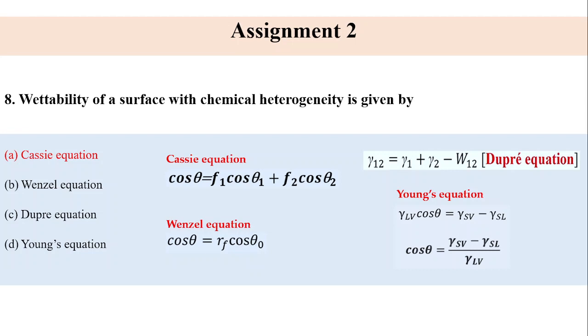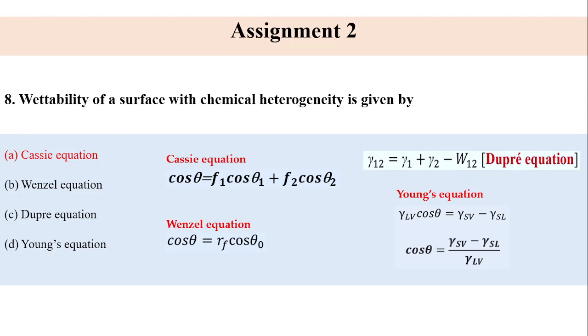The Dupré equation does not talk about wettability; rather, it gives the relation between the work of adhesion and the interfacial tension. Young's equation gives the relation between the contact angle and the interfacial tension.